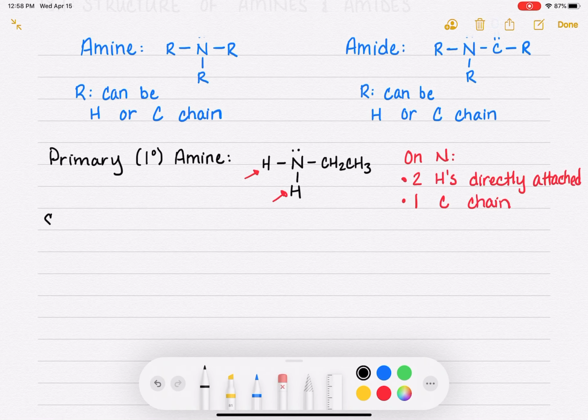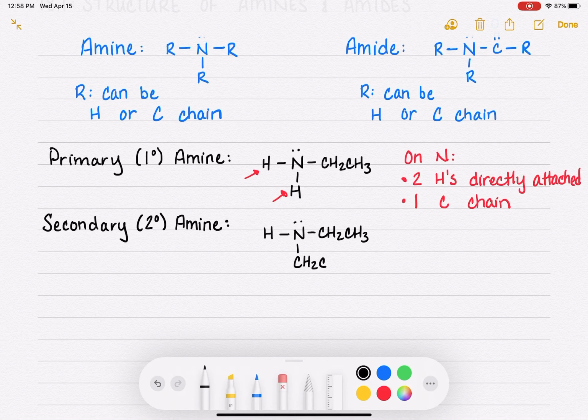A secondary amine, which we would abbreviate 2 with the degree symbol, amine. We don't say second degree, we say secondary. A secondary amine has only 1 hydrogen on the nitrogen, and it has 2 carbon chains. So I'm just going to make two different carbon chains.